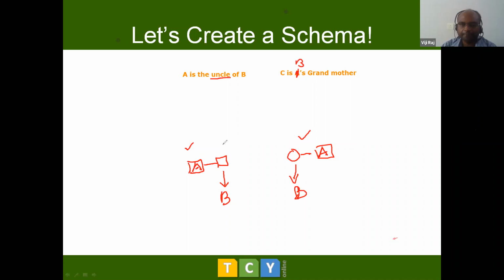So to show that, either C can be here, which means that C is B's father's mother. The other possibility is C can be here, which says that C is B's mother's mother. So we have to consider both the possibilities. All of you understood?